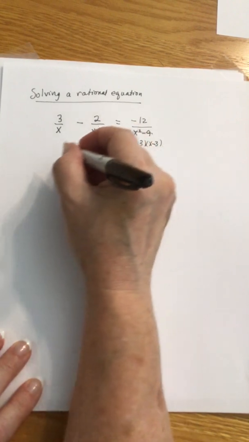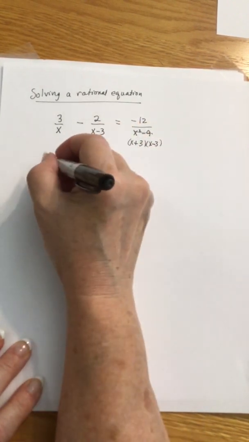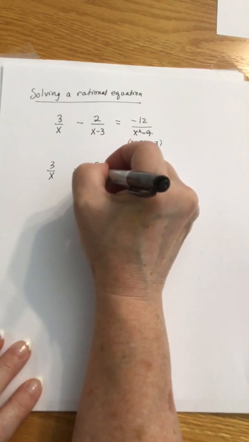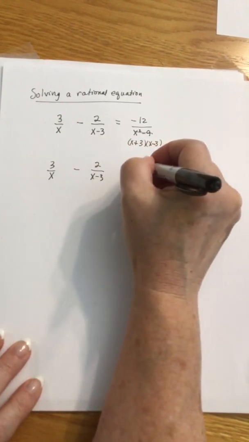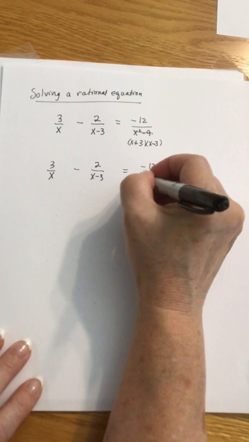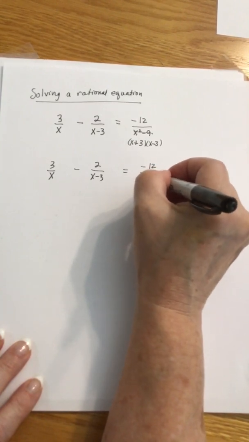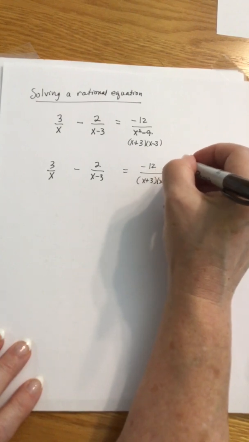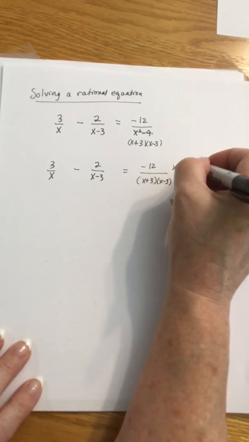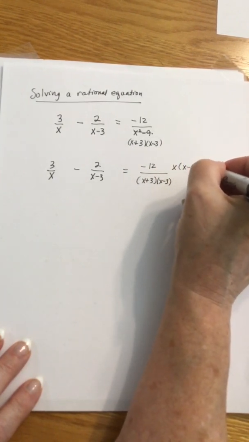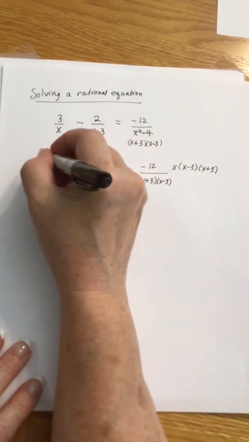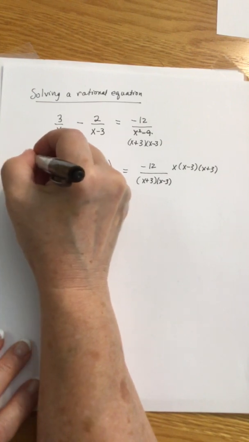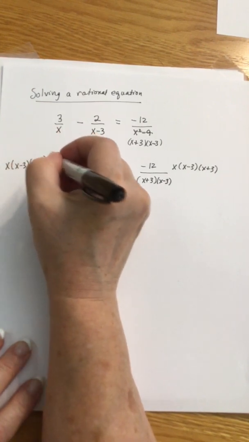So we're going to multiply both sides by the common denominator, which is x, x minus 3, x plus 3. So we're going to have to do it on this side too: x times x minus 3, x plus 3.